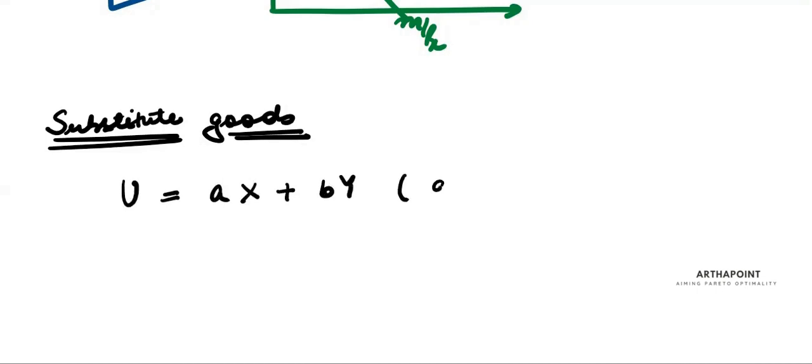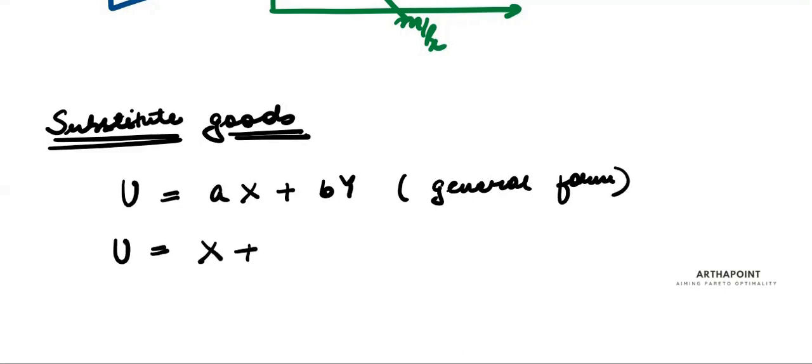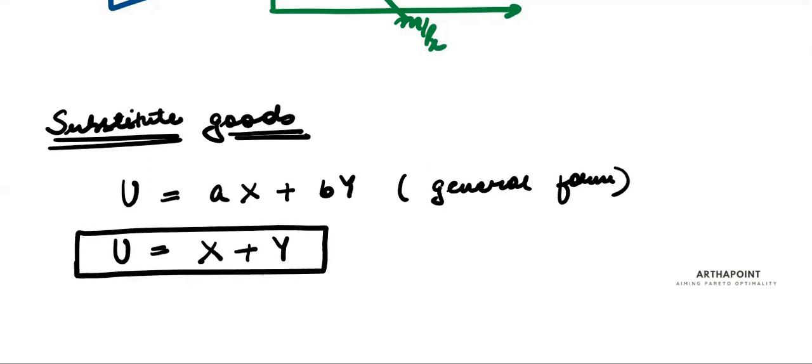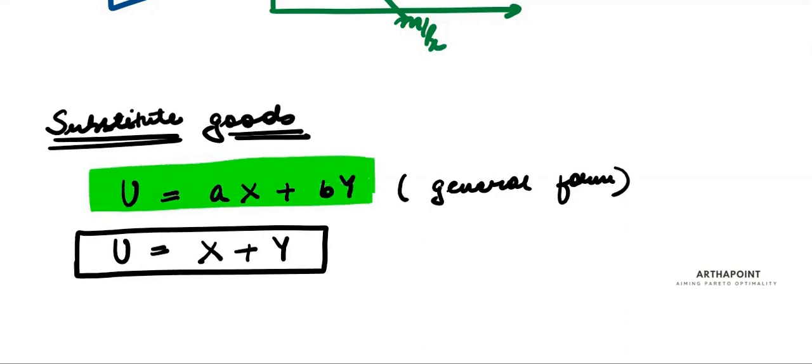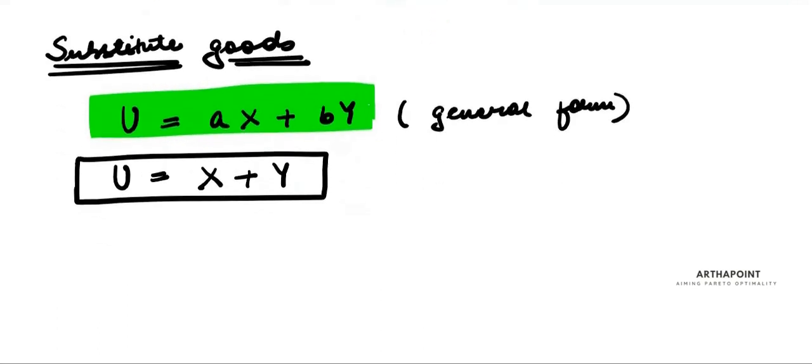This is a general form. But I'll first take the case where I simply have U is equal to X plus Y. I'll talk in detail about AX plus BY, maybe today or in the next class, and a slightly more complicated case than this also.